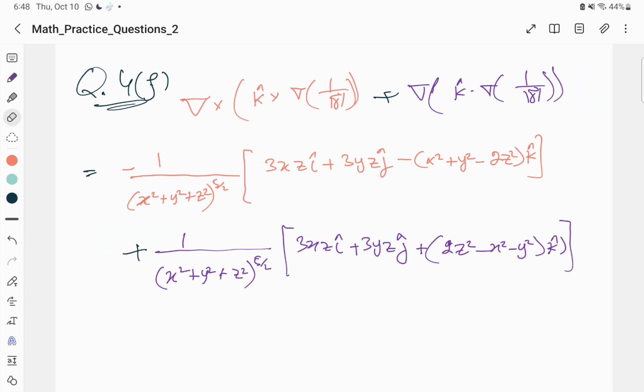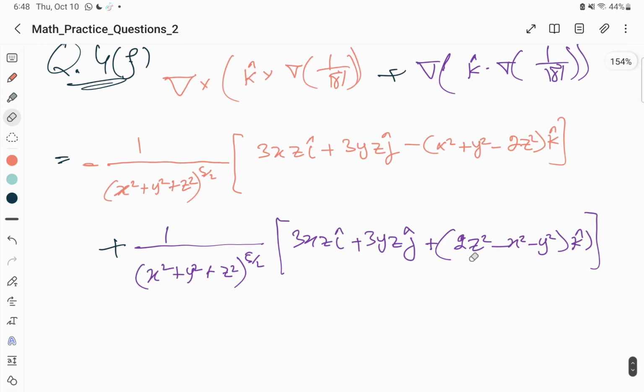I have just plugged the values and you can notice that they almost look the same. This negative is over here and this whole expression is exactly the same, but the only difference is over here, but we can make them same.